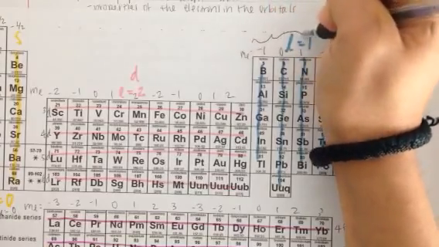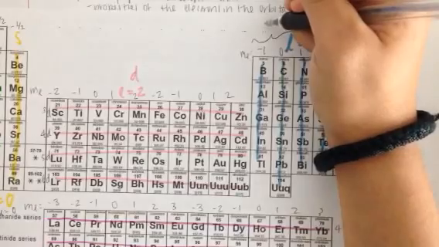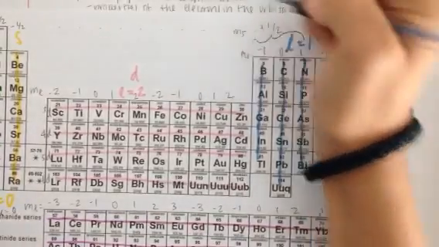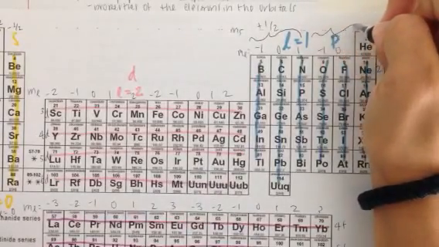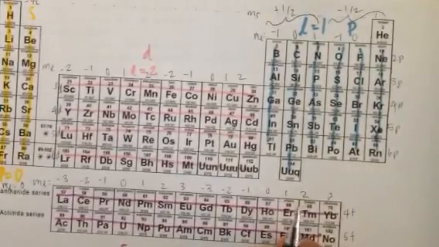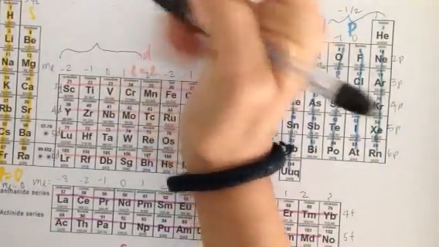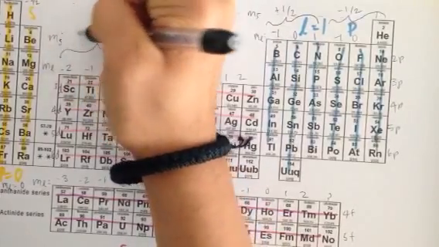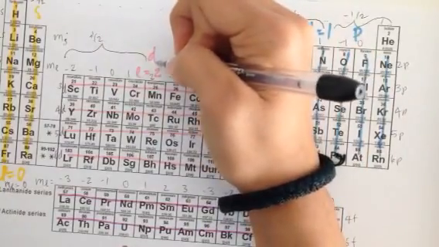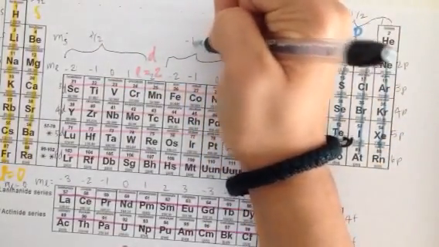So from the -1 to 1 on the left side, it's +1/2, and the other cycle would be -1/2. And then in the D orbital, the first cycle would be positive, and the second cycle would be negative.